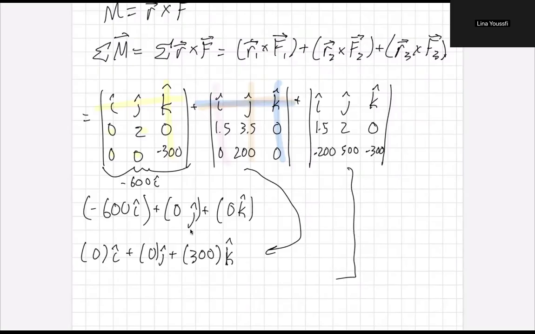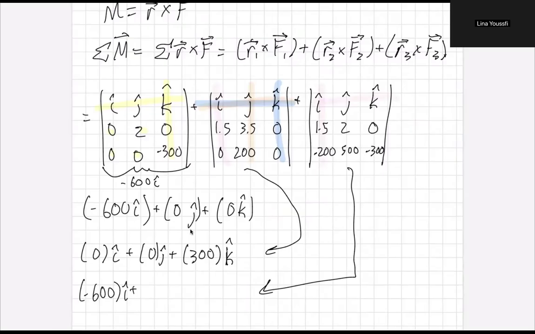All right. Now for the final one, same process here. I'll take the I cross product. 2 times negative 300 is negative 600 minus 500 times 0 is 0. So that just leaves negative 600 in the I hat.